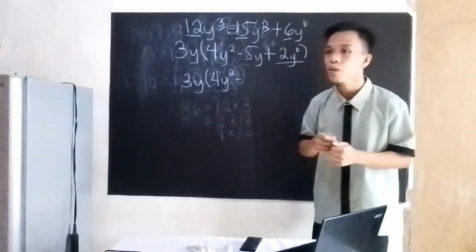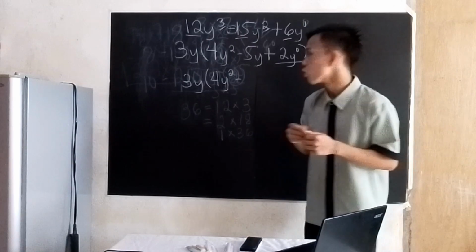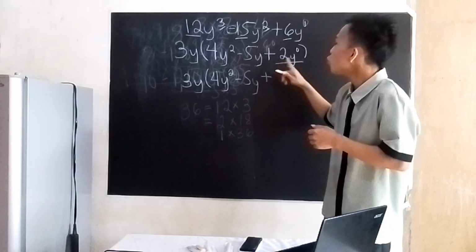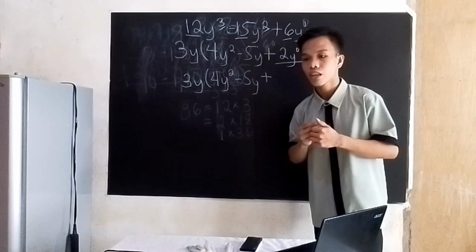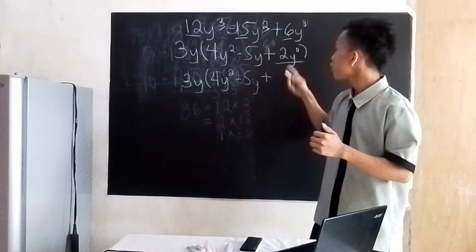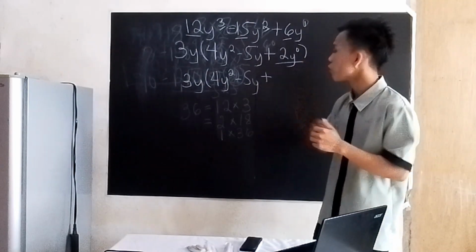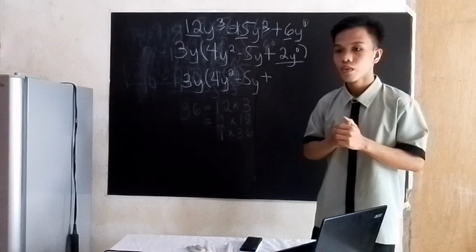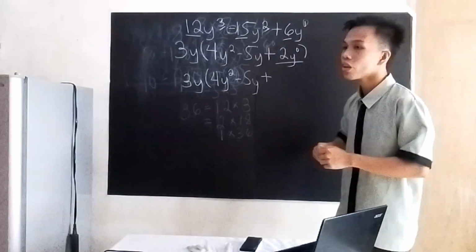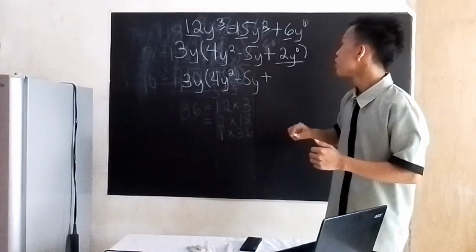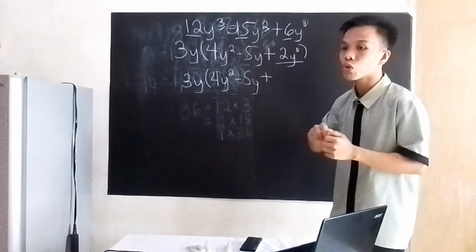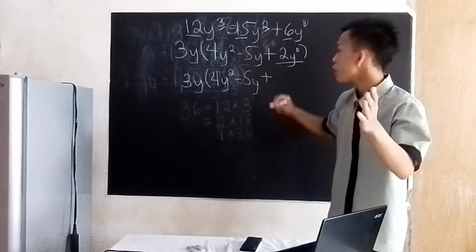Can 5y be simplified? No, so we are just going to copy that also. Plus, can 2y raised to 0 be simplified? Yes. Why do you think we can simplify 2y raised to 0? That's right, because of the zero exponent, any number that is raised to 0, the result is 1. So it is 2 times 1. What is 2 times 1? That's right, that will be 2.